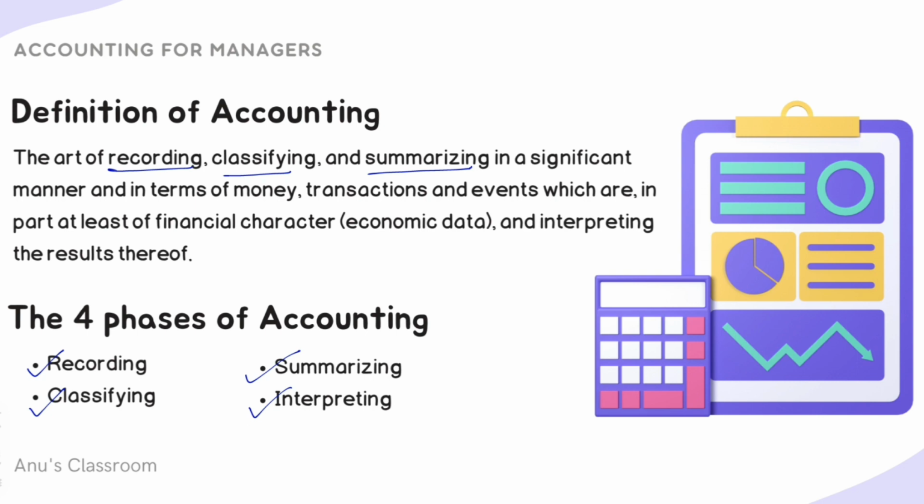It could be your balance sheet, it could be a profit and loss statement, whatever that is. That is summarizing. That is transforming these recorded financial data into usable financial reports. And then interpreting is done on these reports.